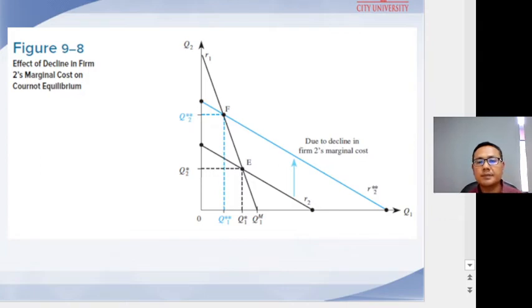The reason for the difference between the preceding analysis and the analysis of Sweezy oligopoly is the difference in the way a firm perceives how other firms will respond to a change in its decision. These differences lead to differences in the way a manager should optimally respond to a reduction in the firm's marginal cost. If the manager believes other firms will follow price reductions but not price increases, the Sweezy model applies.